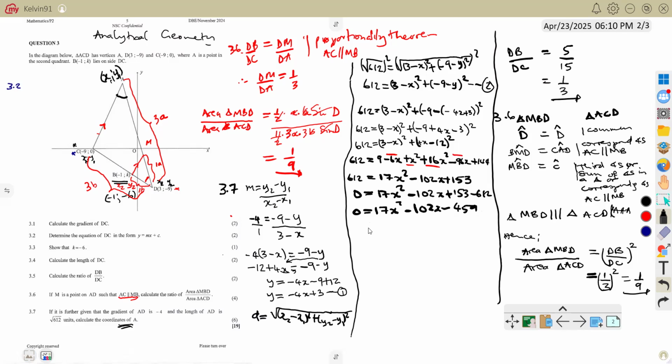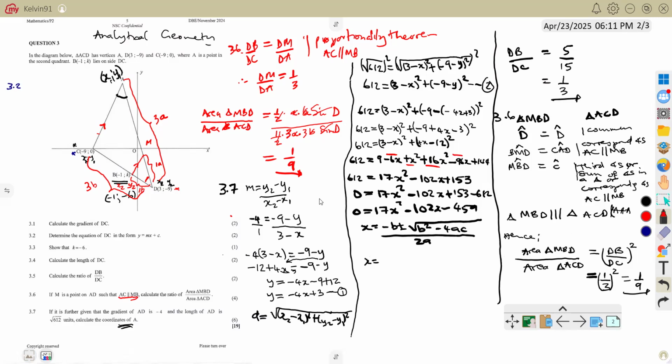I recommend the use of the quadratic formula. So your x is equal to minus b plus or minus the square root of b squared minus 4ac all over 2a. Copy it from the formula sheet. Don't try to memorize it. Then can you please check our x there?